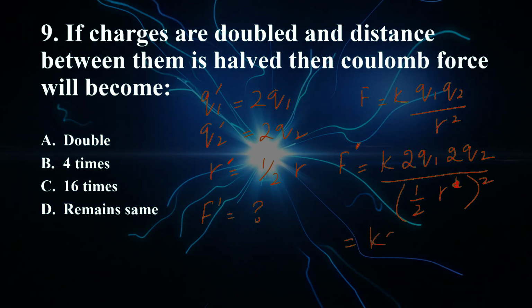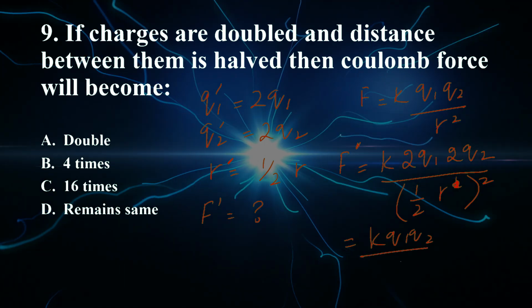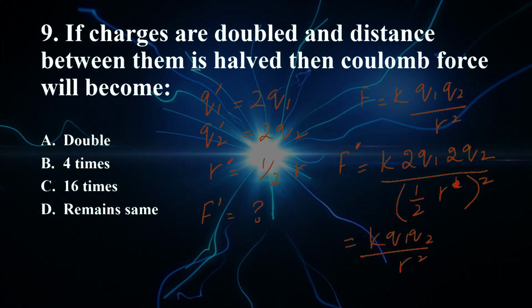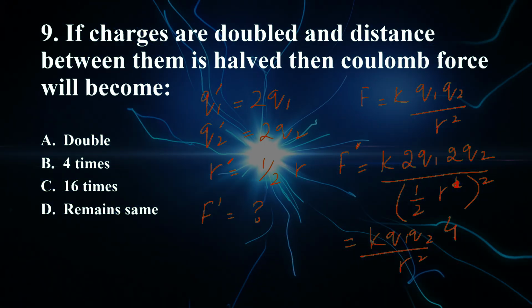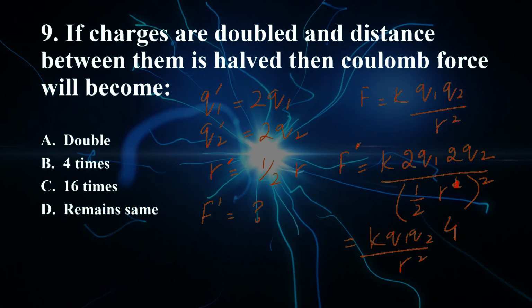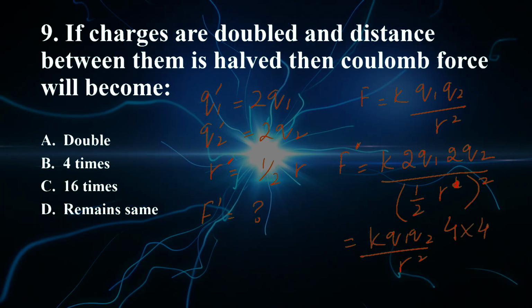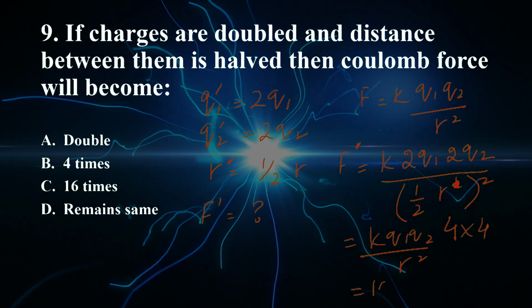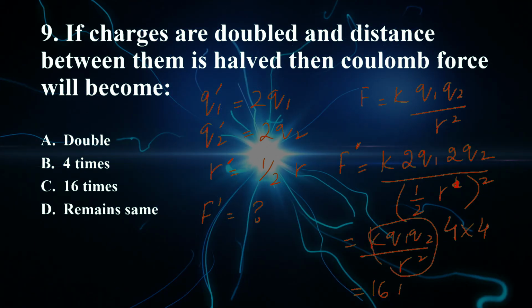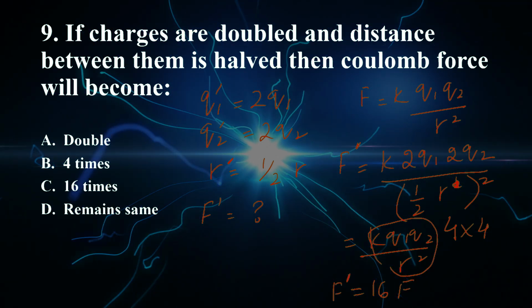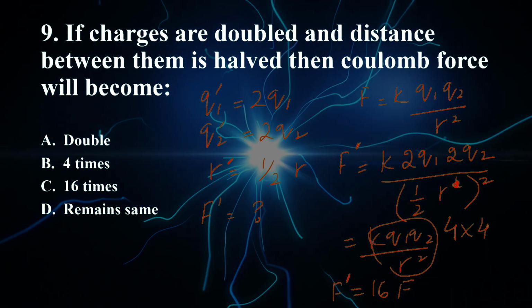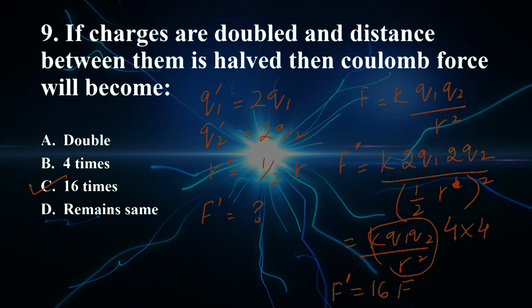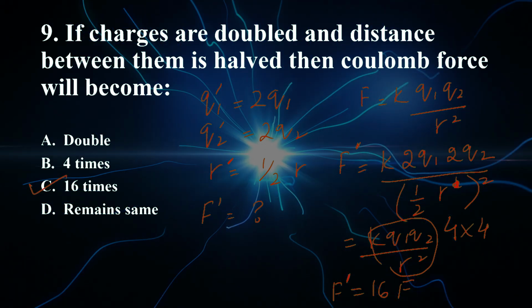So K Q1 Q2 over R squared, 2 times 2 is 4, and the 2 squared, when I take this 2 into the numerator, will be another 4. Then 4 times 4 is 16, and this is again the old formula. So F prime will be equivalent to 16 times that force. So 16 times is the correct option.